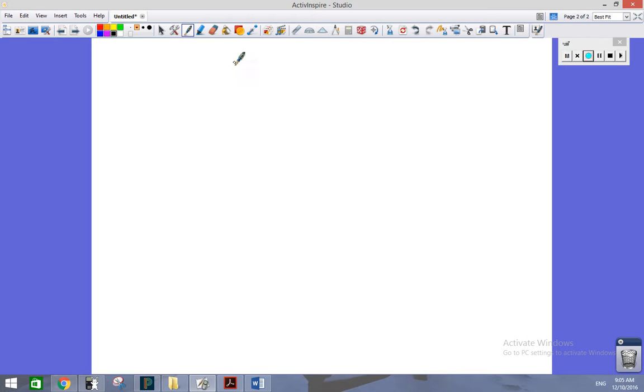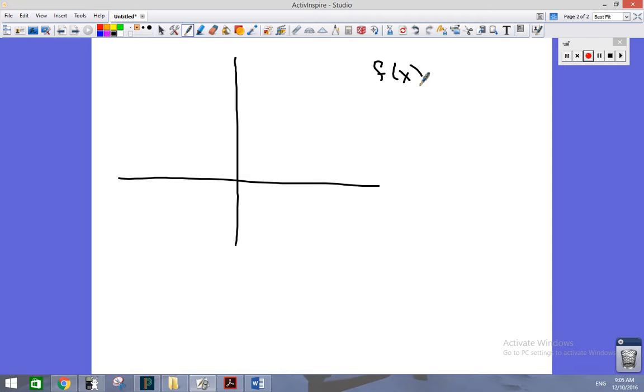If we have an exponential function where the variable's in the exponent, and the base is less than 1, and of course all the bases are positive, so between 0 and 1, if it's a proper fraction, then it's going to be a decreasing function. So it's going to look like this.